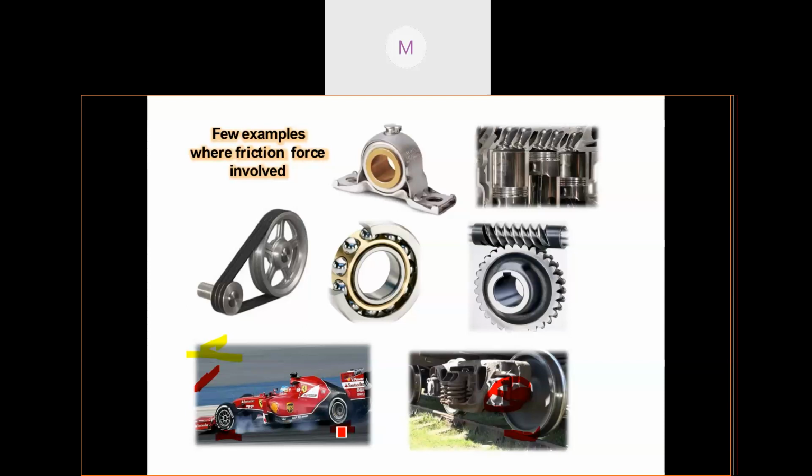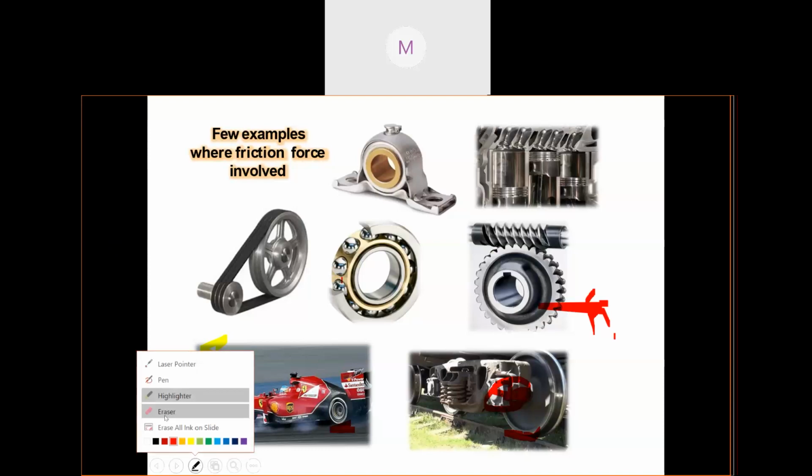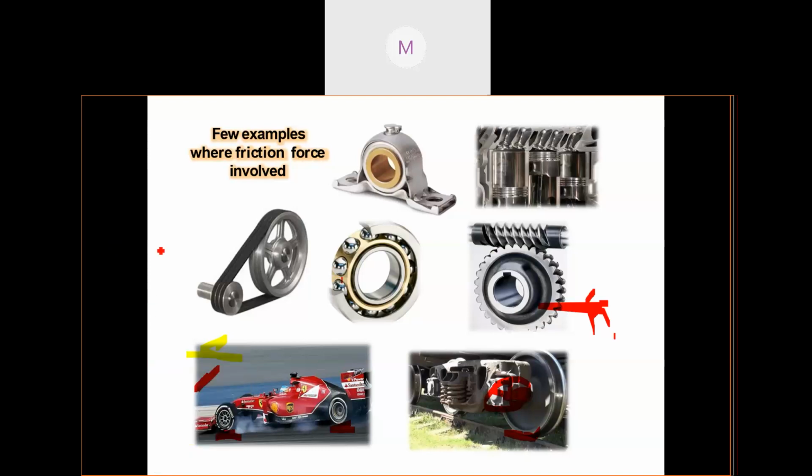Yes or no? In all these machine parts, everywhere, you will see friction. Is it clear? Yes, sir. So you can see friction everywhere. This is a basic example of friction.